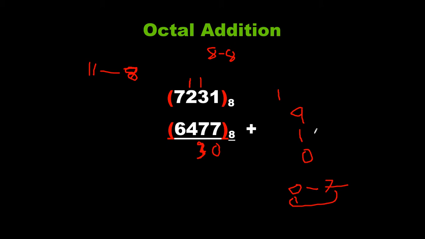Here I have 7 and 6 is 13. So do I put 13? No, careful, it's not 13. It's what? 13 minus 8, which is 5. So I'll have 5, and I'll have 1 8. So it's 15. It's not 18.